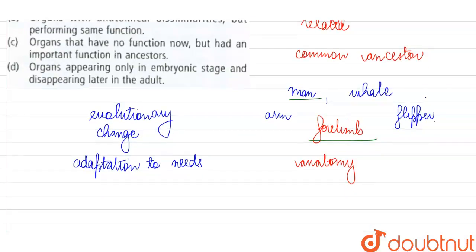The arm of man and the flipper of a whale is very different. So despite having a common origin, despite having a lot of similar anatomy, these structures have ultimately, because of evolution, developed such that their function is no longer the same. They have become very dissimilar.